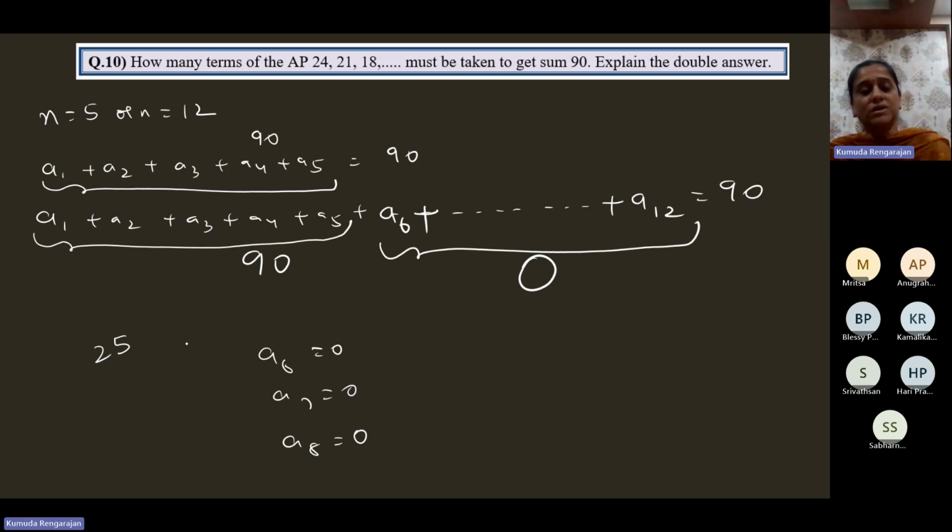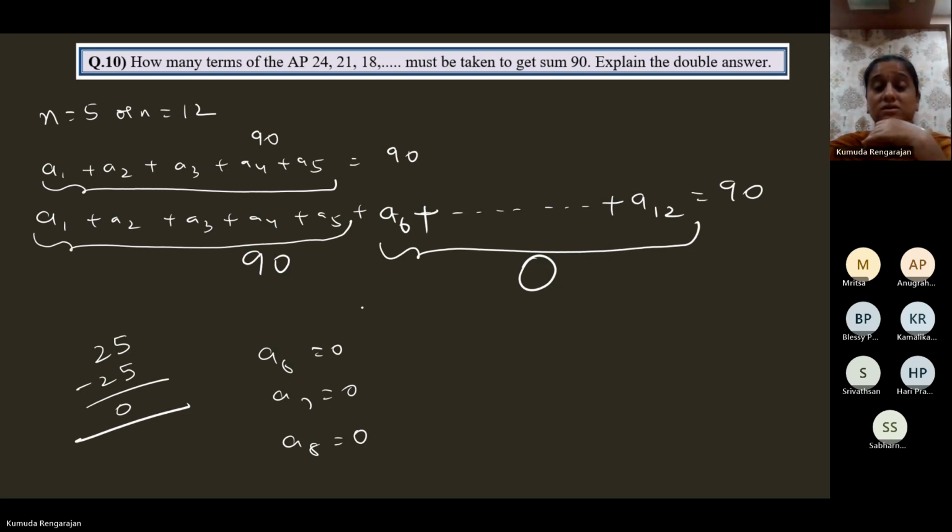The sum of the remaining 4 numbers is a negative 25. So the total sum of all these terms is 0. The terms are not 0. So when n is 5, the sum of the first 5 terms is 90. When n is 12, the sum of the first 12 terms is 90.